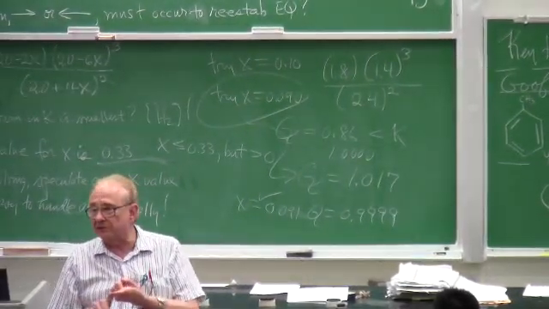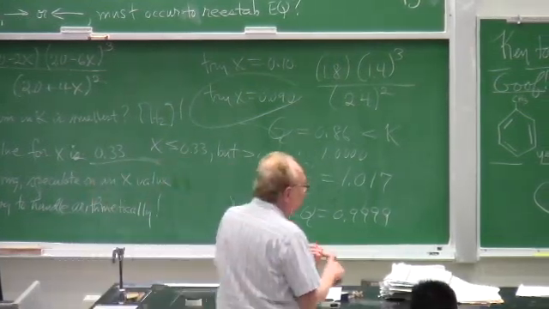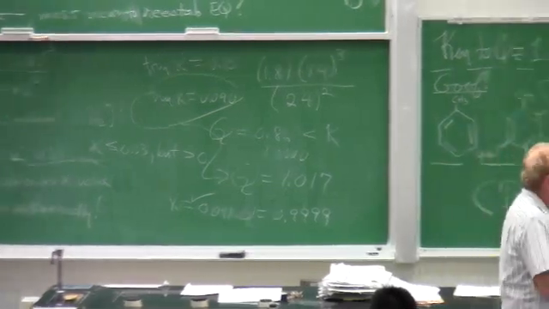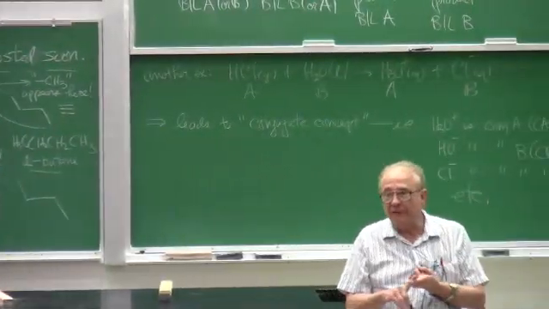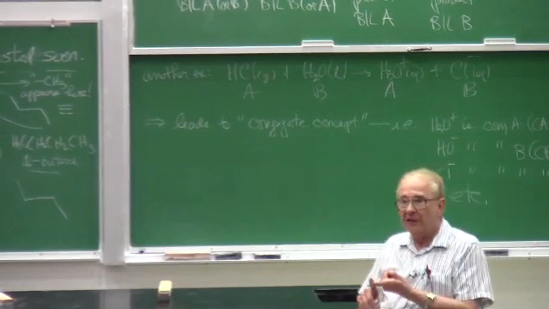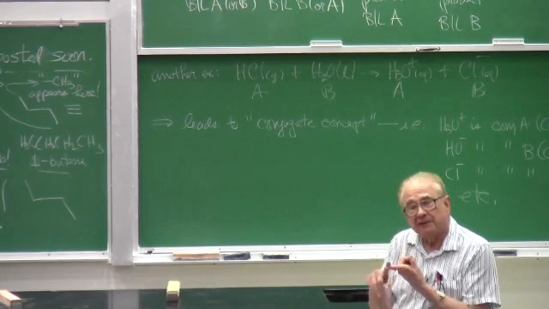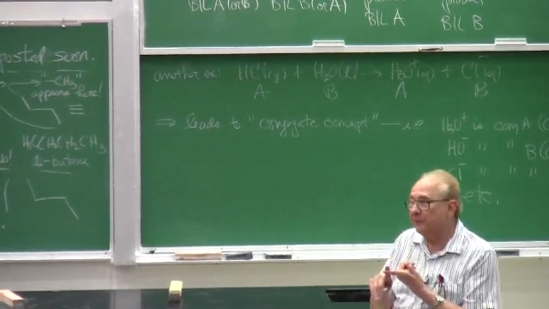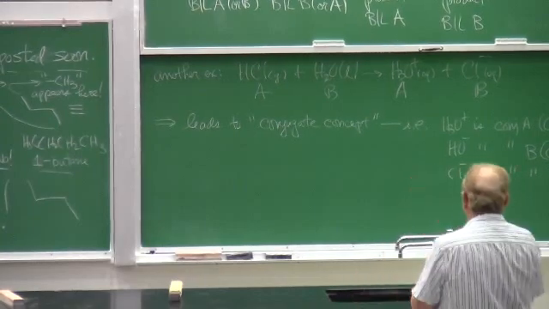And when a reducer does its thing, it turns itself into its own conjugate oxidizer. Same thing here. When a Bronsted acid reacts, given that it reacts by H plus loss, it becomes its conjugate base. And when a Bronsted base reacts by H plus capture, it becomes its conjugate acid.